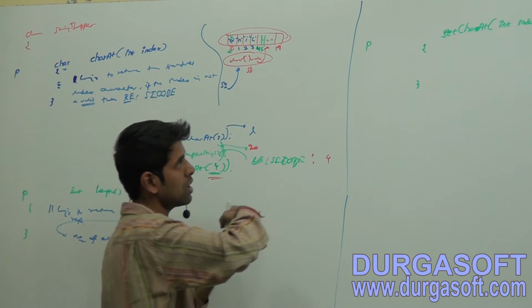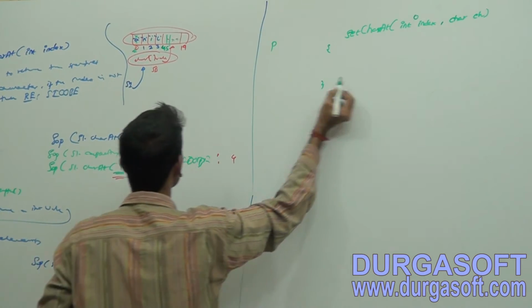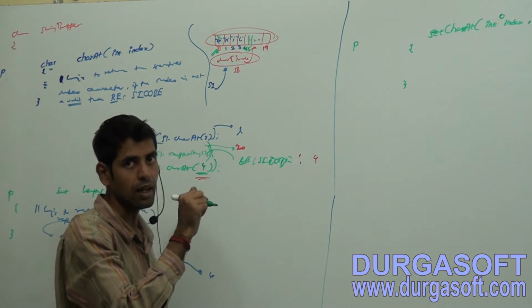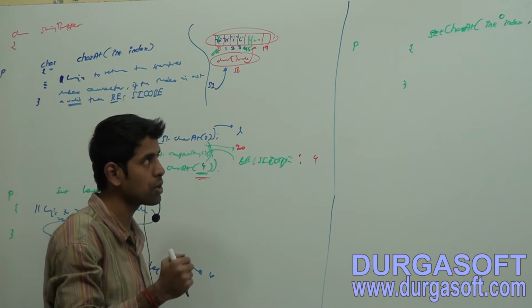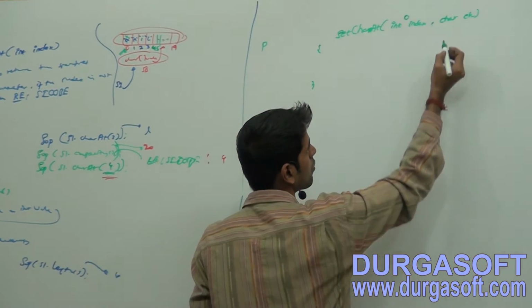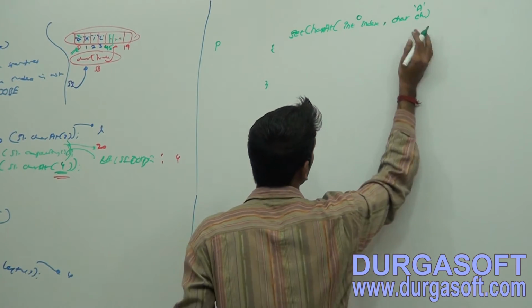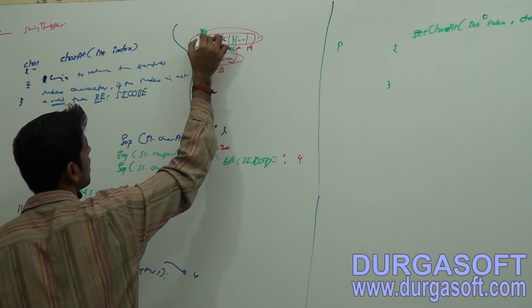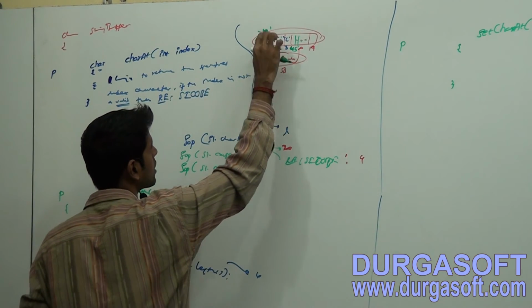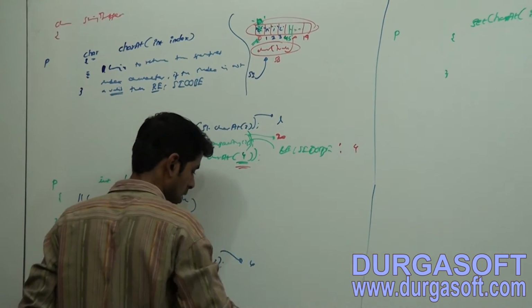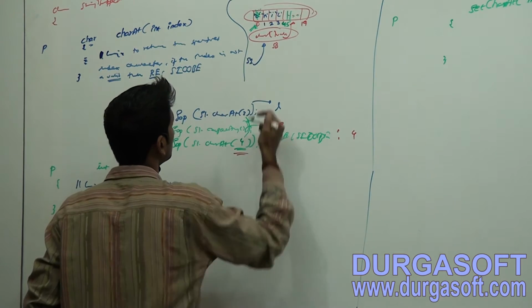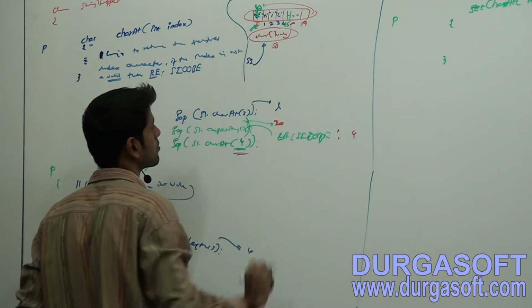If I pass 0 here, it represents the 0th index block data I want to change with this ch. Now it will be capital A. It will be as capital A.